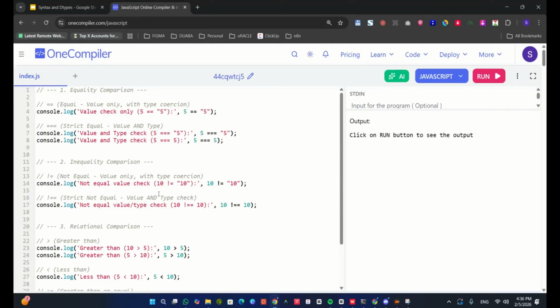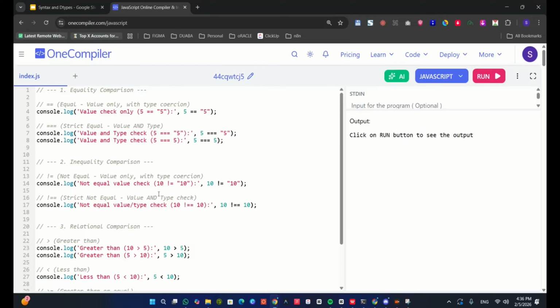So in the example, we have 5, which is a number, equals 5 from a string type. Here, a coercion is going to happen where the string 5 is converted into a number 5, and then we compare the values. This will return a result, true or false.